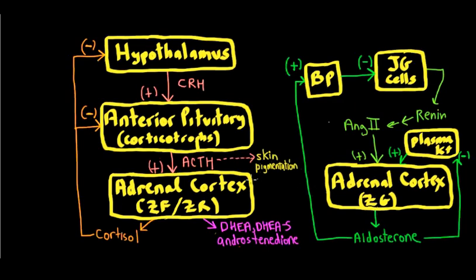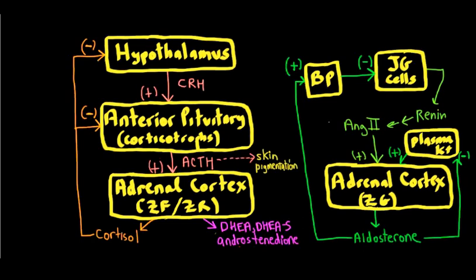If you have enzyme defects, you start with, well, what hormones are going to be affected by that enzyme defect, and then work your way around. Okay, so I would recommend when you're working out these clinical problems, I would draw these feedback loops and then put in the specific disturbance and work your way around to figure out what's going on. Okay, and it's a really important thing because you're going to be dealing with patients that have signs of excess or deficiency, and you want to be able to predict what these hormones are going to be doing.